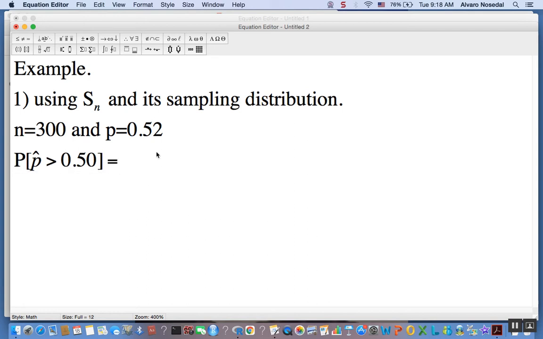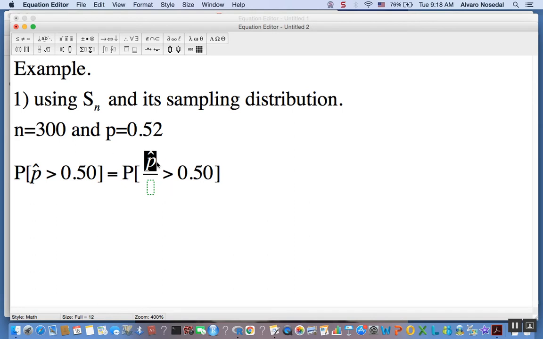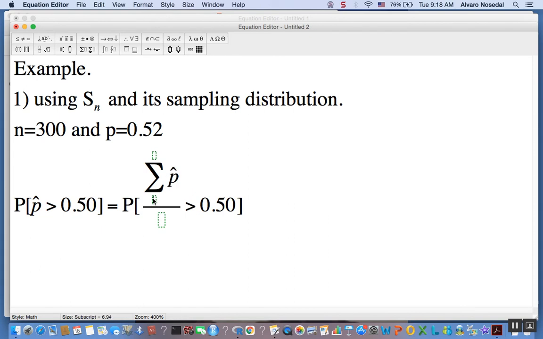Given what we recently did, we can think of p hat as a sum of n Bernoulli random variables.